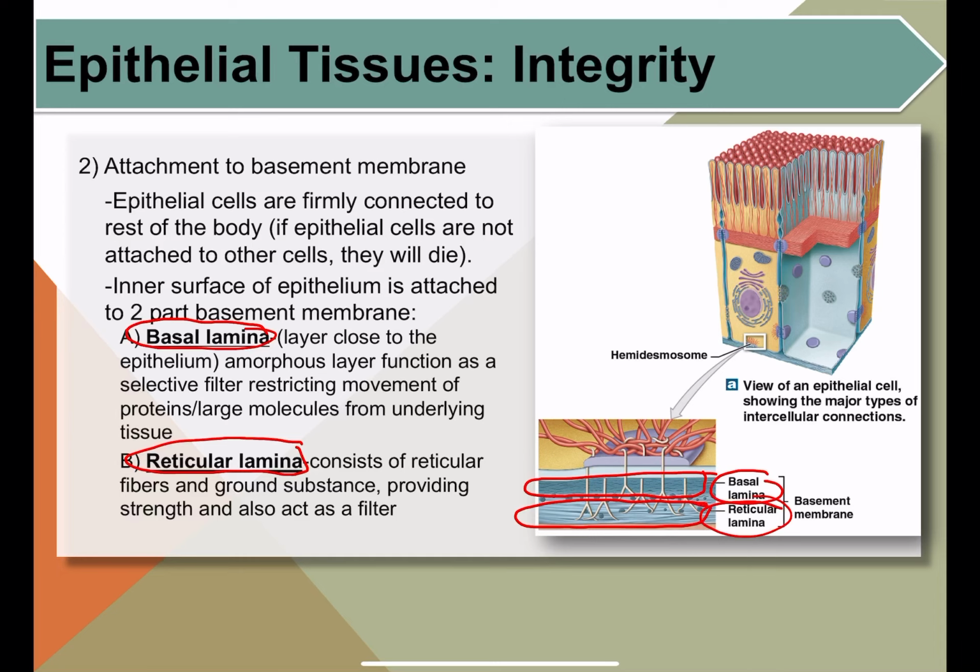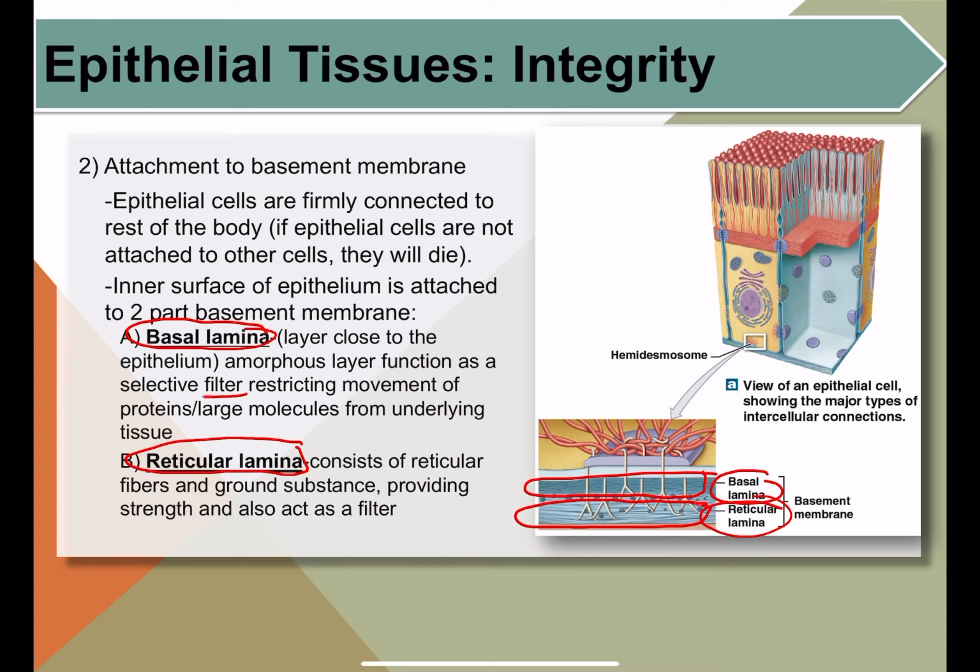The basal lamina is the layer close to the epithelial cell that functions as a filter of some sort to prevent large molecules, like proteins or red blood cells, whatever it is that tries to go through, from escaping into the next layer of tissues. It will prevent it from going through. The reticular lamina, on the other layer, contains fibers that give the membrane strength and some flexibility.